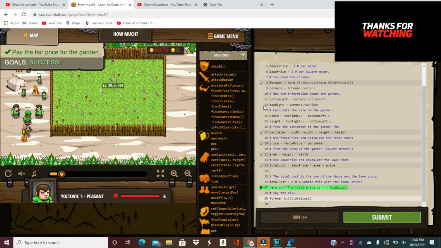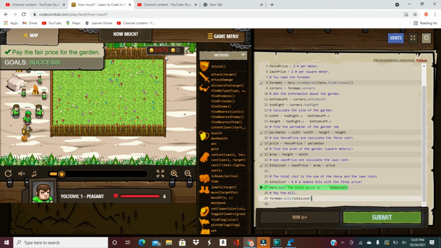So width is top right dot y, so it's the length minus the bottom left dot x. So it will take the x and the y, and it will check the difference. So the x is this, the y is this, so it'll take the y of the top, take the x of the bottom, which gives us the height.